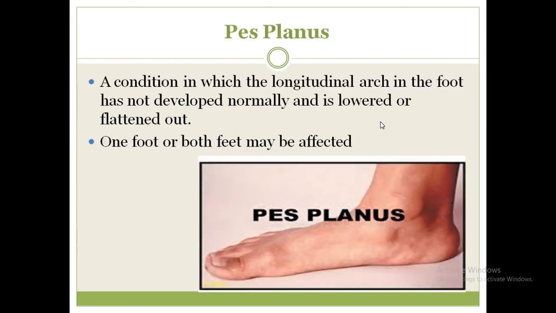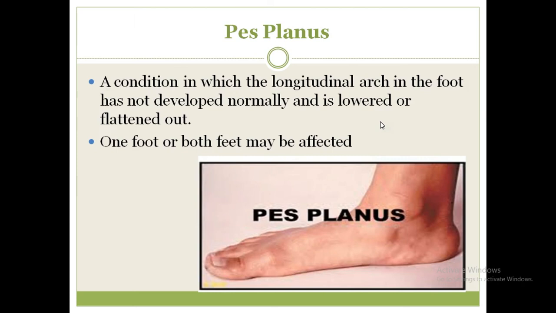Then we have another term which is called pes planus, a condition in which the longitudinal arch in the foot has not developed normally and is lowered or flattened out. One foot or both feet may be affected.